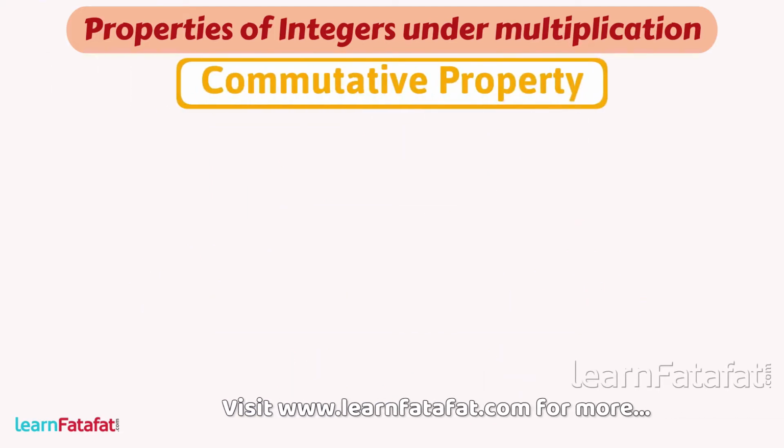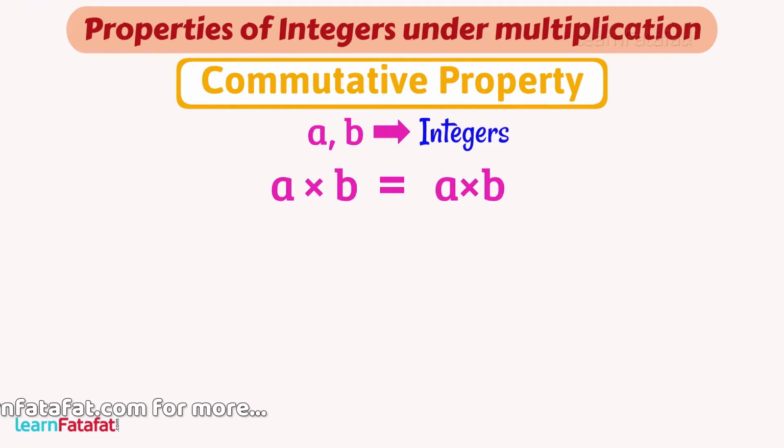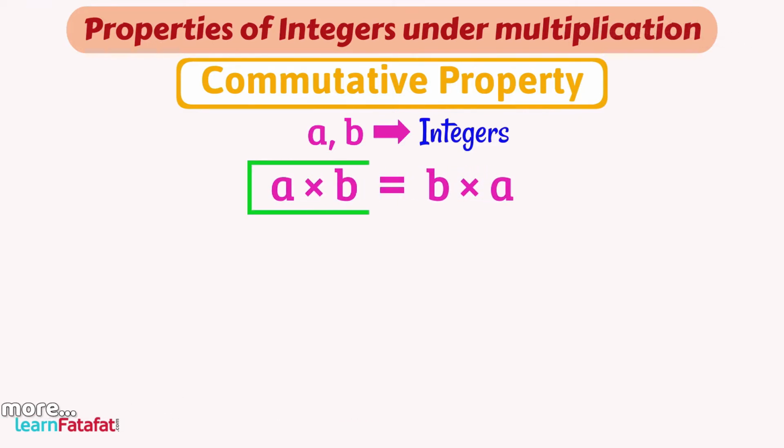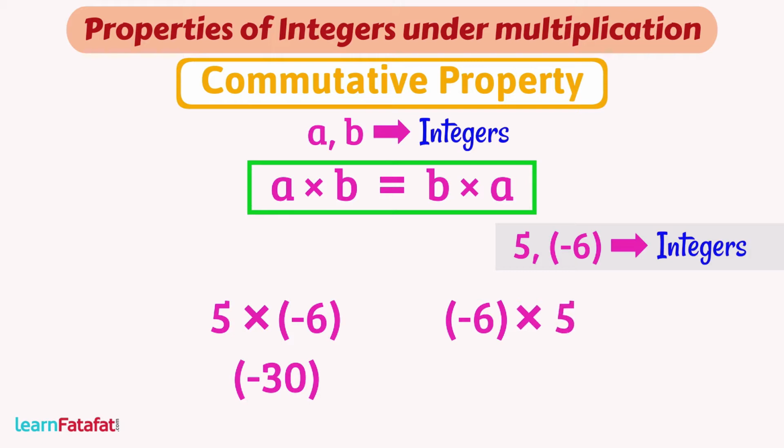Commutative property. Integers a and b can be multiplied in any order. A into b equals b into a. For example, 5 multiplied by minus 6 equals minus 30. And if the order is changed, then minus 6 multiplied by 5 is also minus 30.